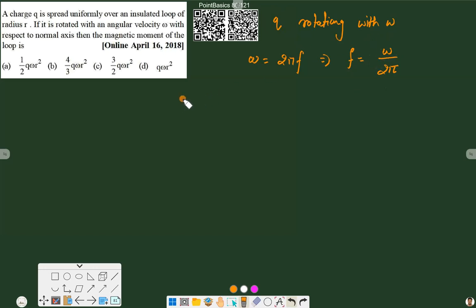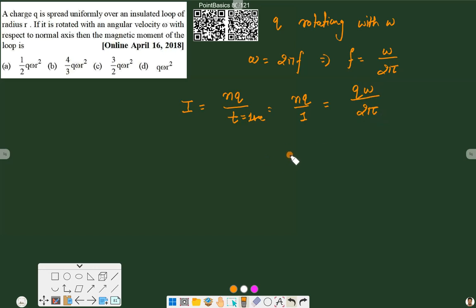So from that we can say current flowing in the circuit is total charge flowing in unit time, that is 1 second. Total charge flowing in 1 second is equal to frequency times the amount of charge rotating in the one circle. So total charge rotating in the 1 second will be Q omega by 2 pi.